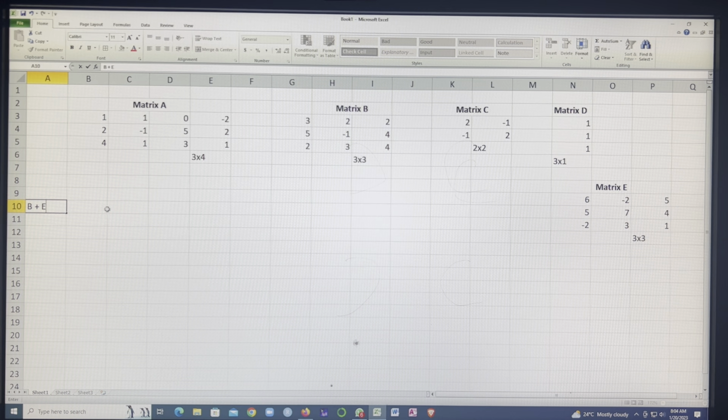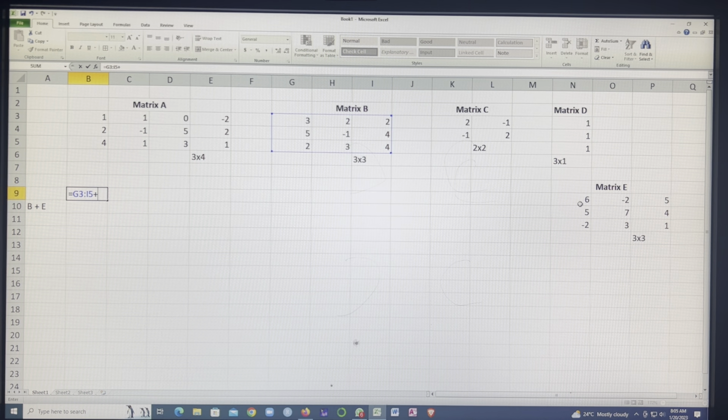So I click equal. Now I want to start the solution from here. So always begin with an equal sign. What are the two matrices I want to add? This matrix, so I highlight it. Now I did not include this 3 because 3 is not actually part of this matrix. This is just to guide us that this is a 3 by 3 matrix. Then I write a plus sign.